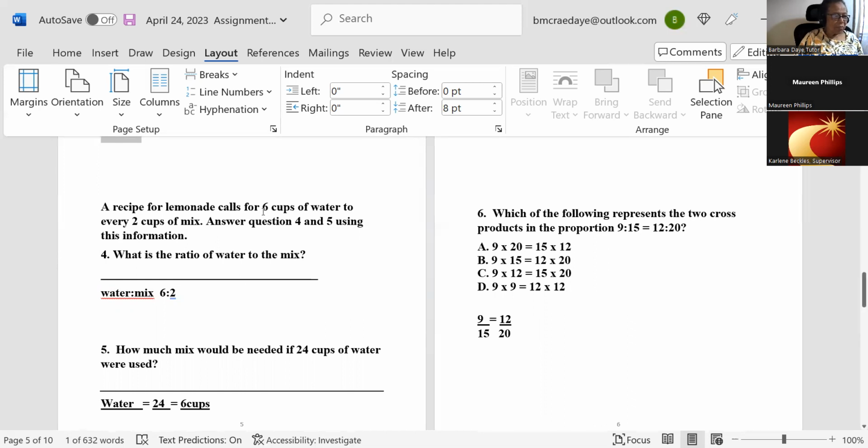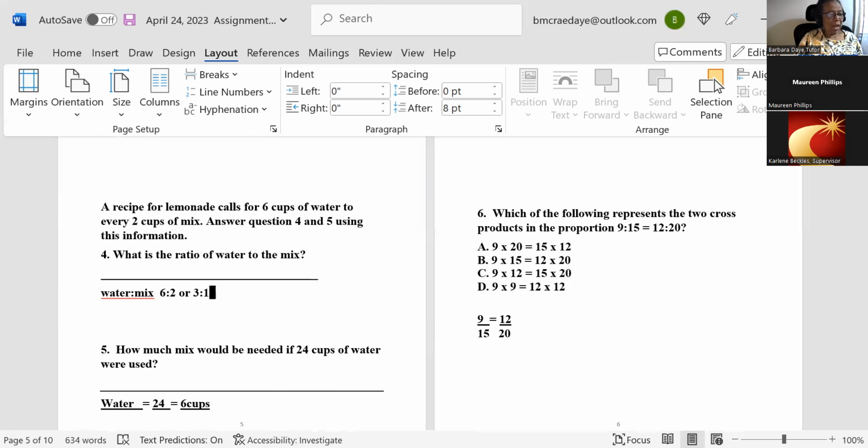That's it. 6 cups of water, 2 cups of mix, 6 to 2, or 3 to 1, right? Because sometimes, if this were multiple choice, your choices may not have had a 6 to 2, it could have been a 3 to 1. So you divide 2 into 6 3 times, 2 into 2 1 time. So 6 to 2 or 3 to 1.